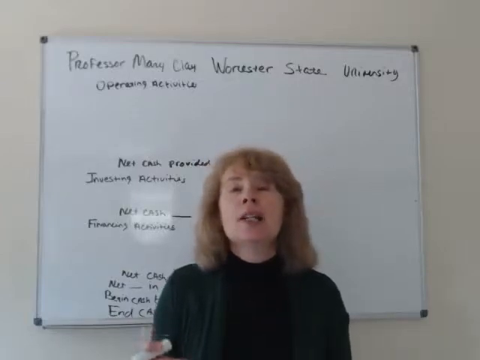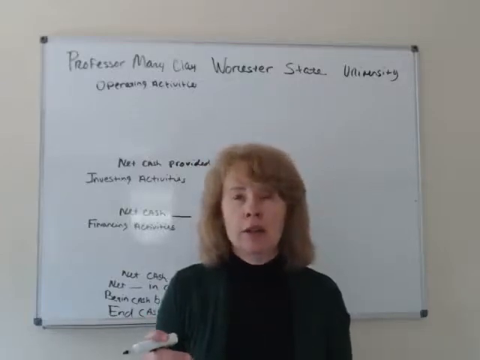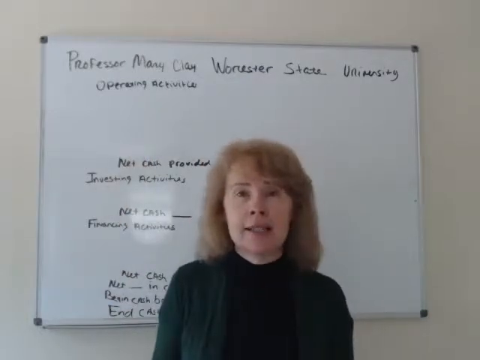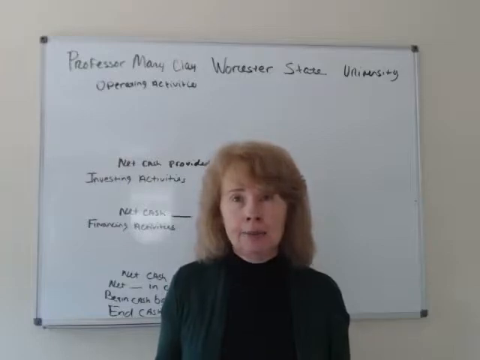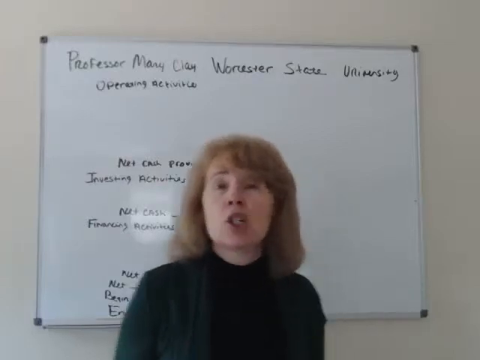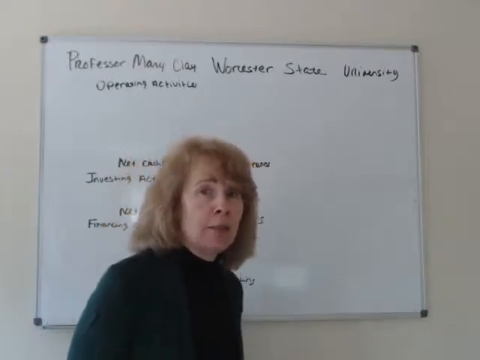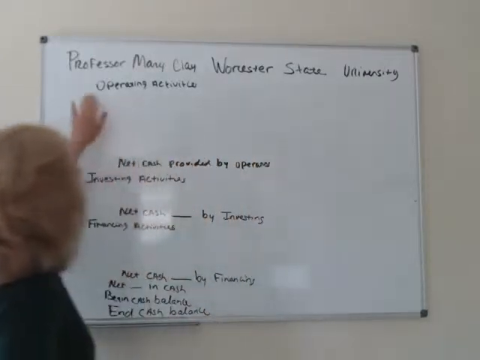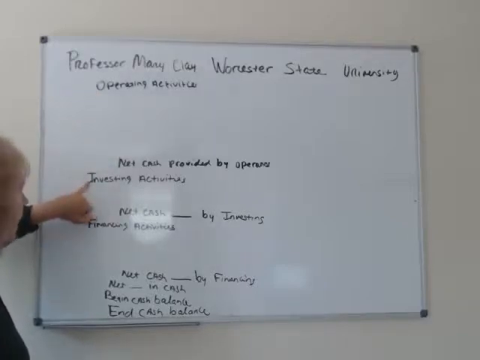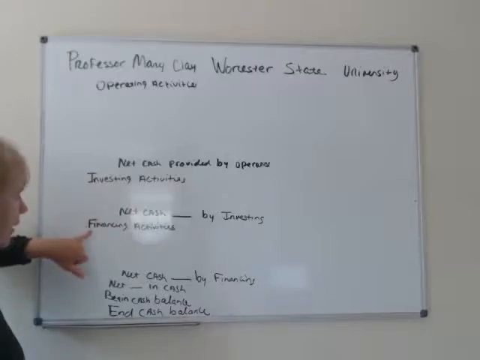When you do the indirect cash flow method, the first item you start with for the operating activities is net income. Let me step back and show you what a cash flow statement looks like. On the board, a cash flow statement is broken out with operating activities, investing activities, and financing activities.